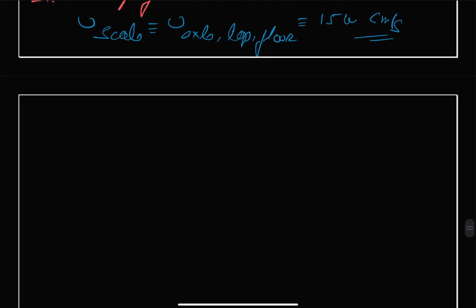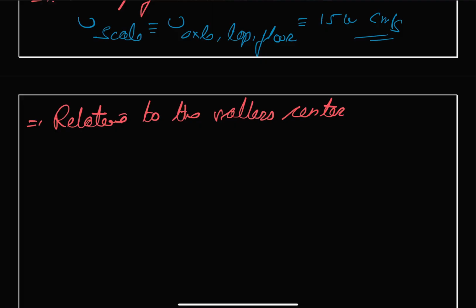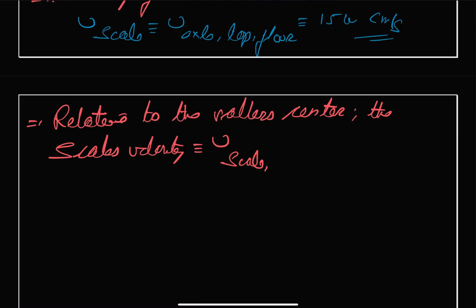Now relative to the roller center, let us call this the velocity of scale relative to the center, which will be equal to 15 omega minus 10 omega.